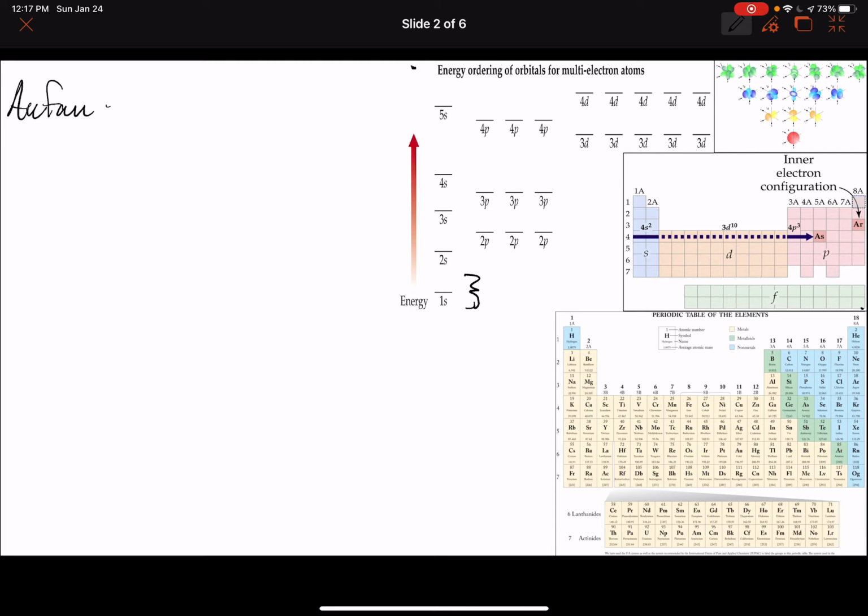The Aufbau principle tells us that for ground state atoms, where they're allowed to be at the lowest energy situation, so we haven't injected a photon, we haven't excited the atom, what we do is we consider filling electrons into the lowest energy levels first.